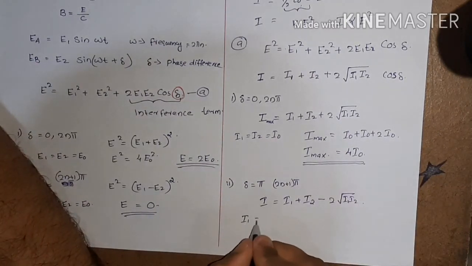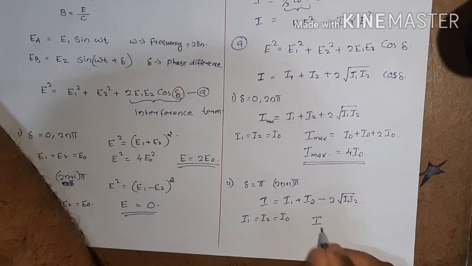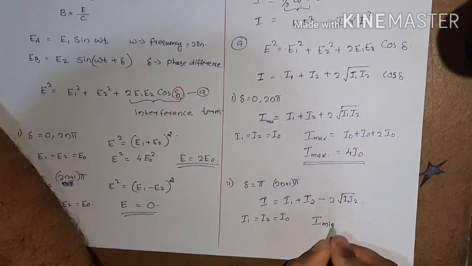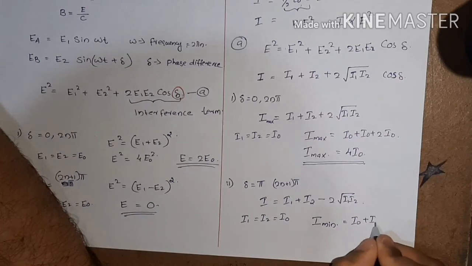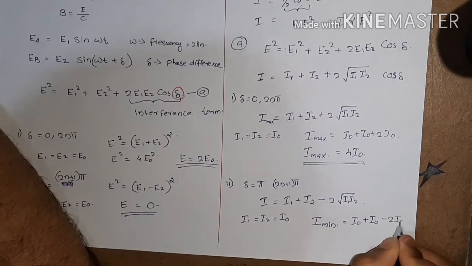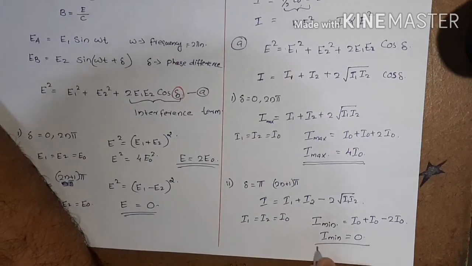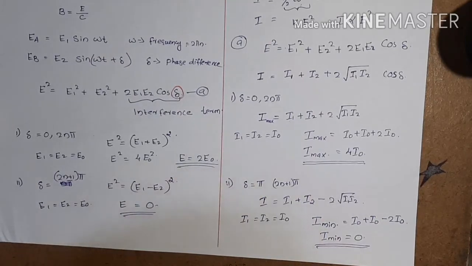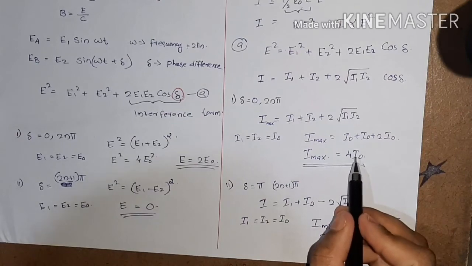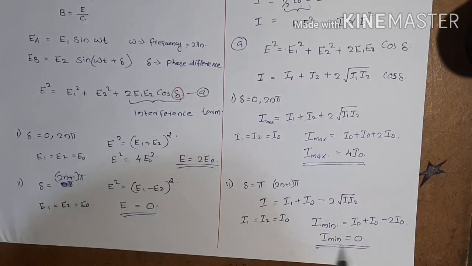Then again, if I1 equals I2 equals I0, this will be the minimum intensity, which is equal to I0 plus I0 minus 2 I0, which equals 0. So I minimum is equal to 0. So in the case of intensity, the maximum intensity is 4 times the individual intensity for the superposition of two waves having similar intensities, and the minimum intensity obtained is 0.